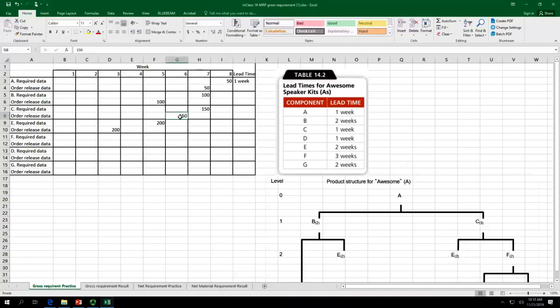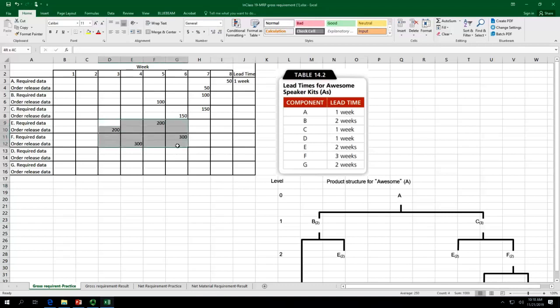So this one is 300. You need to get this ready by the end of week 6. Production needs 2 weeks lead time. So the production order will be released by the end of the 4th week.